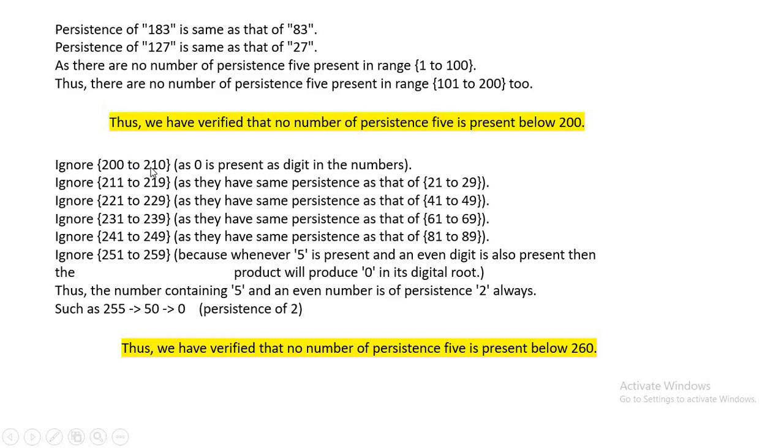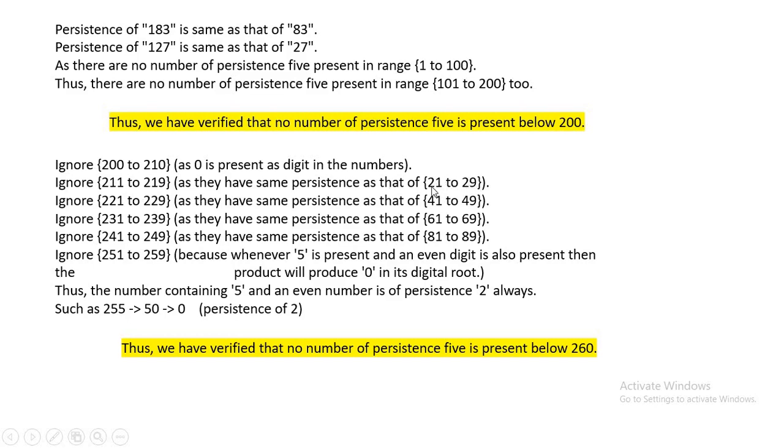From 211 to 219, the persistence of 211 is the same as 21, or you can say the persistence of 219, 2 into 1 into 9, is the same as 29, 2 times 9.